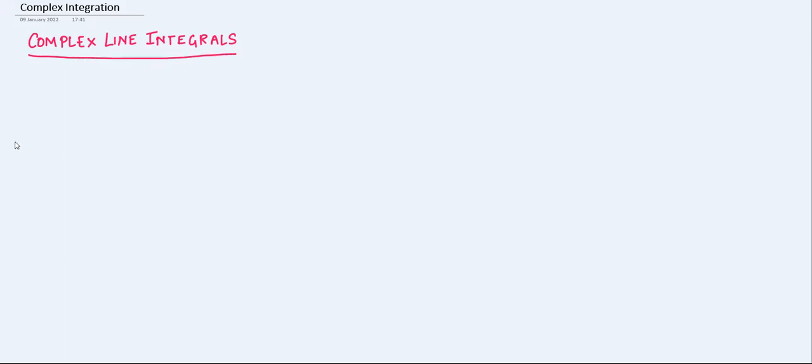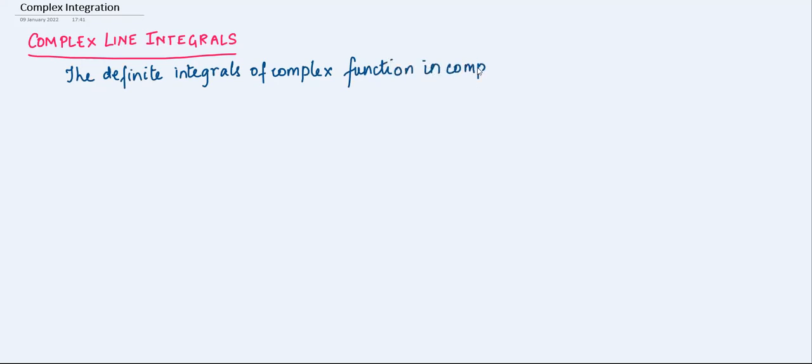These are the definite integrals of a complex function in complex plane along a curve.